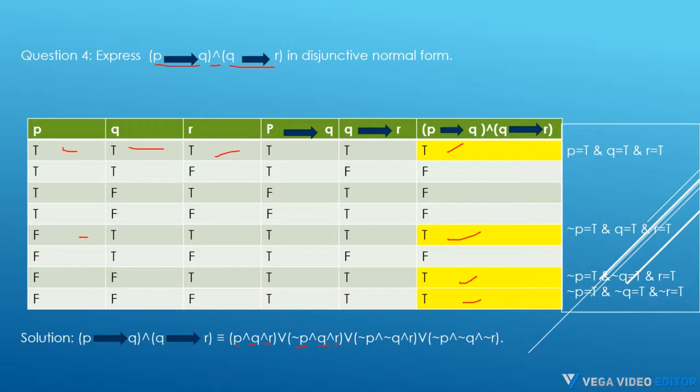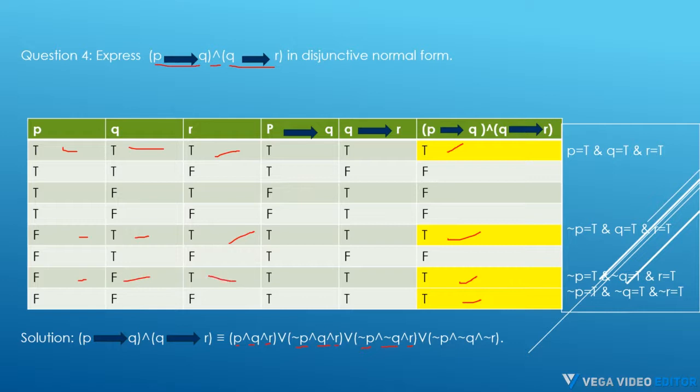Then we have Q is true and R is true. Then we have this statement: not P and not Q and R is true if and only if P is false and Q is false and R itself is true.